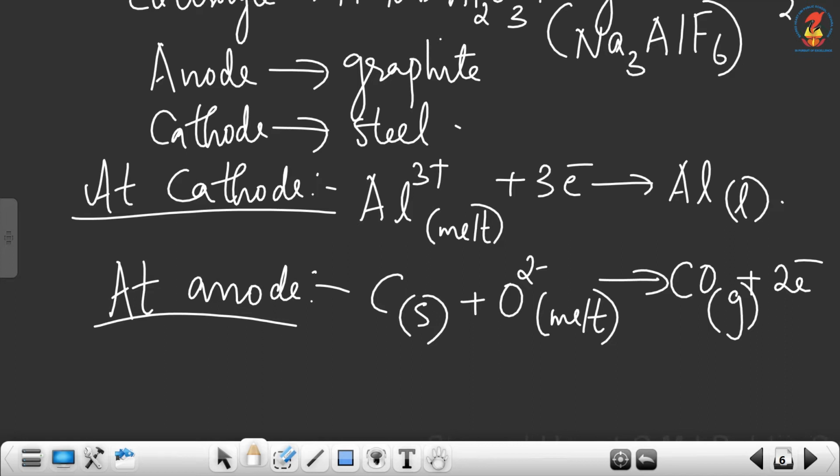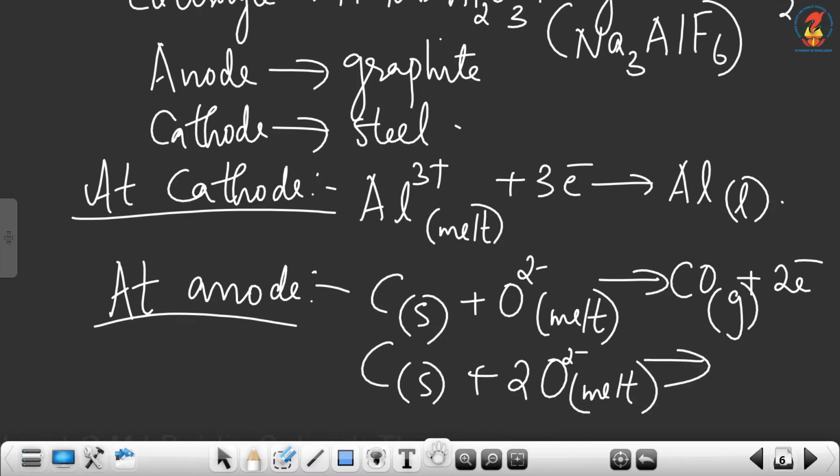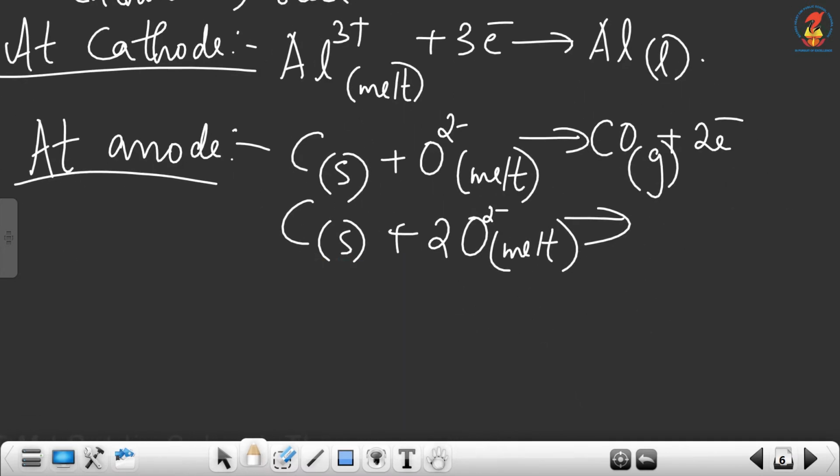This is oxidation. Then again, carbon can change to carbon monoxide as well as carbon dioxide. So carbon plus 2O2- melt will give carbon dioxide gas plus 4 electrons.